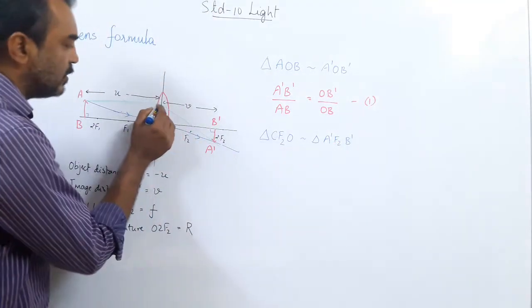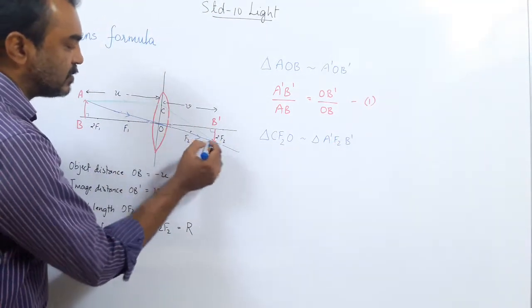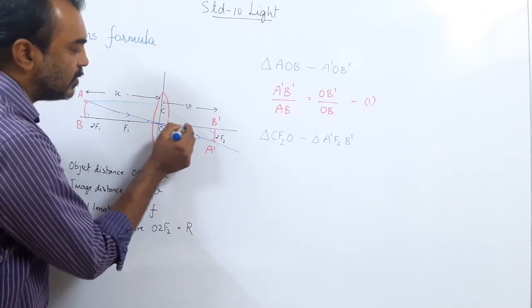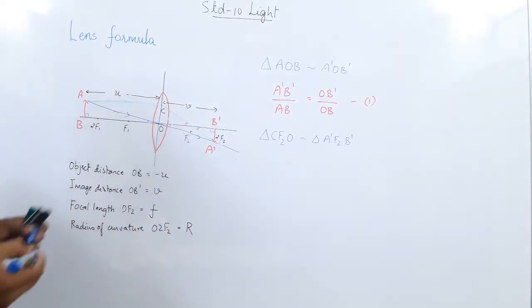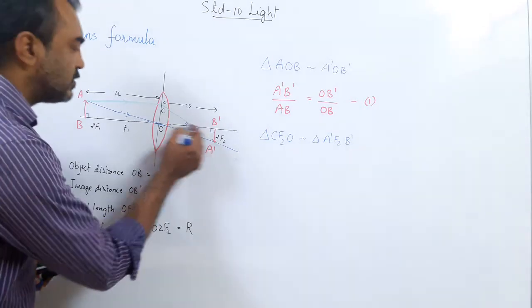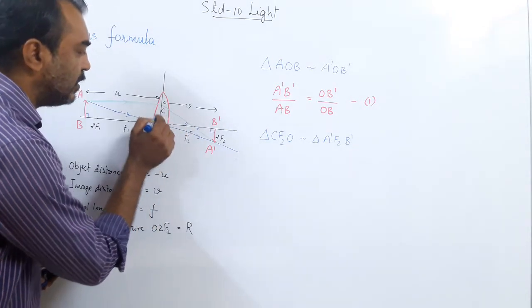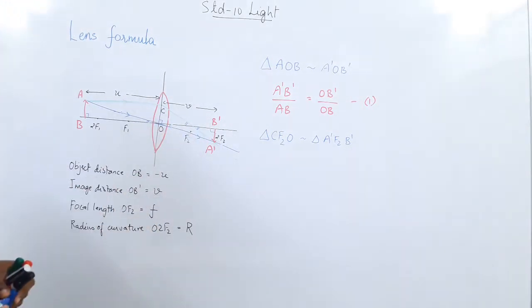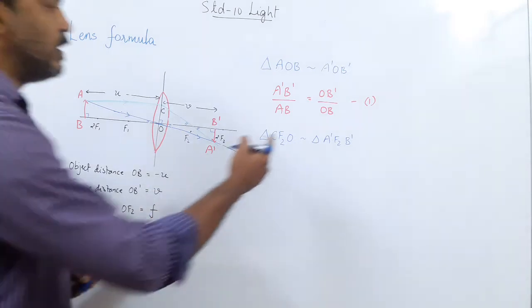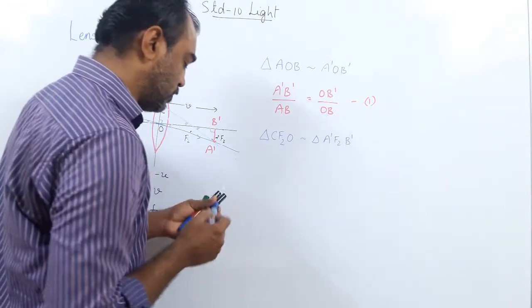Can you see this? This triangle here and this triangle here. Why are they similar? Again, this and this are equal, vertically opposite. This is 90 and this is 90. So these two triangles are similar. So what do I have this time? I have A prime B prime.